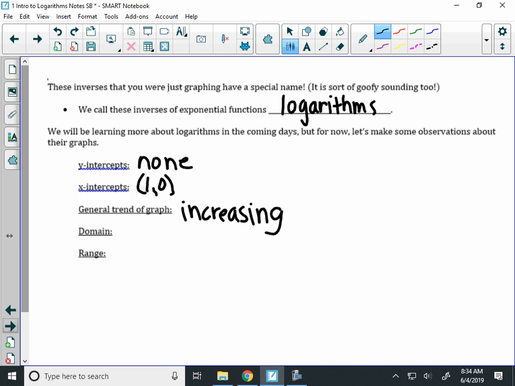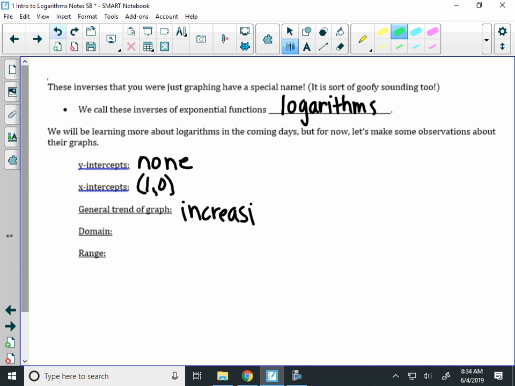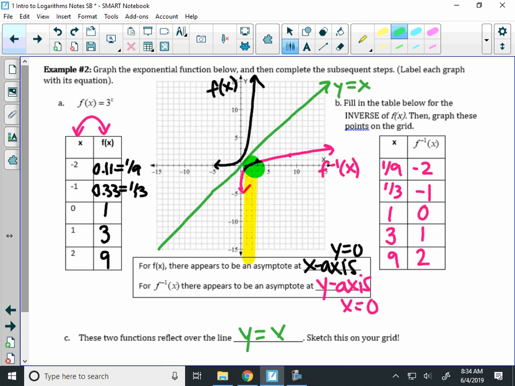Now the domain. Remember, domain is left to right. All right, so my left side, I started at the y-axis, which is 0, but I never actually get there. And then my graph has an arrow on the end that goes to infinity.